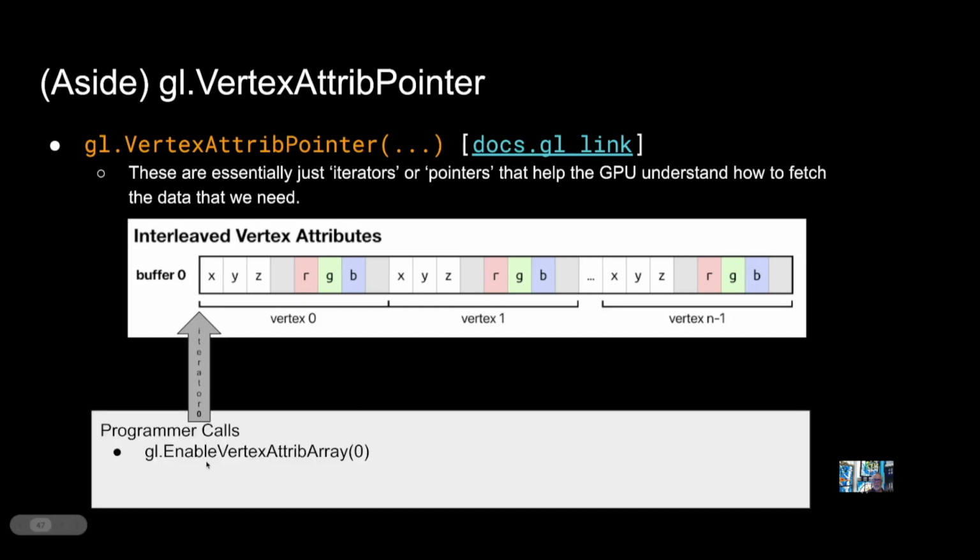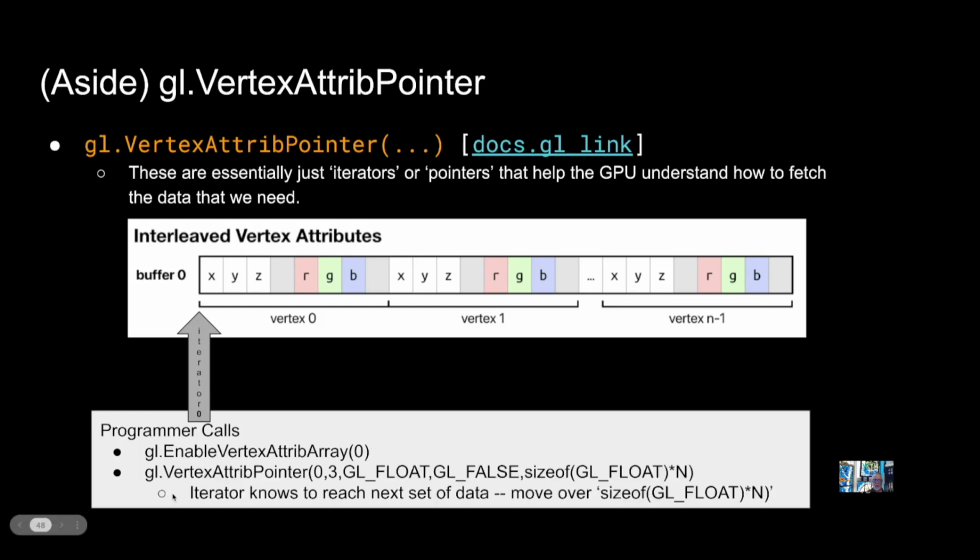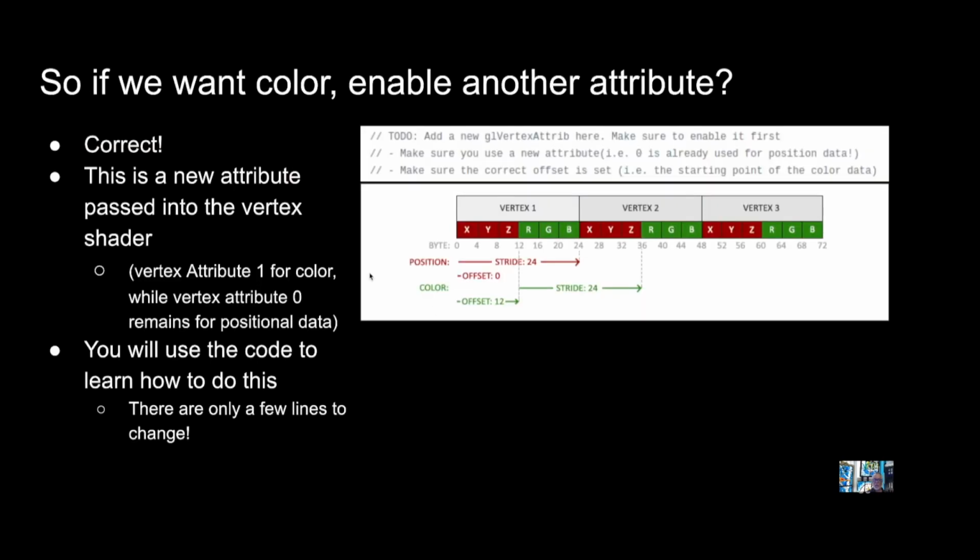So we enable this attribute array, and then we say, okay, this is how we're going to access it. And if you recall, we stored our data as XYZ RGB, and then we specified where the vertices are and where the colors are, and then we were able to render that beautiful little hexagon and those rectangles.